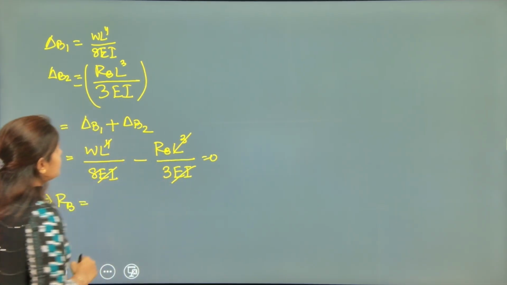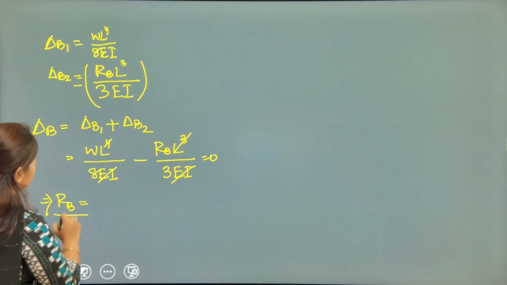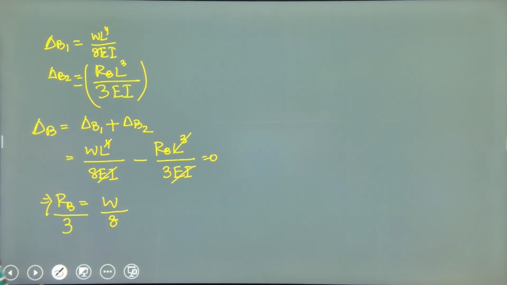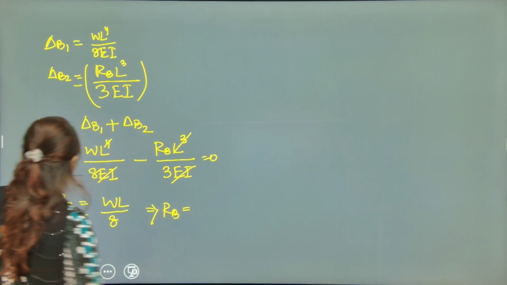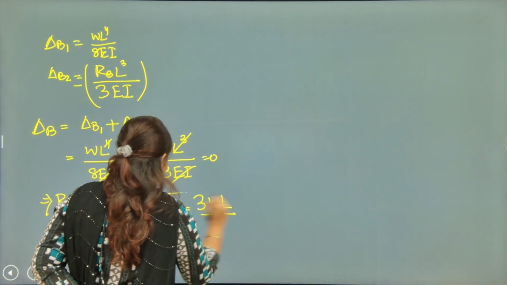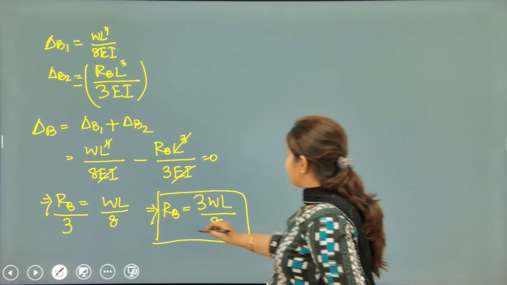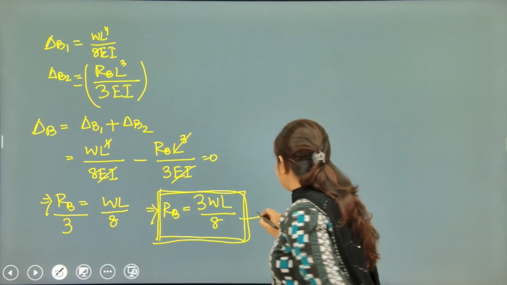Cancel this, cancel this. Now we have RB upon 3 as WL by 8. So RB will be 3 WL upon 8. Just see the calculation. So now we got the value of the redundant.